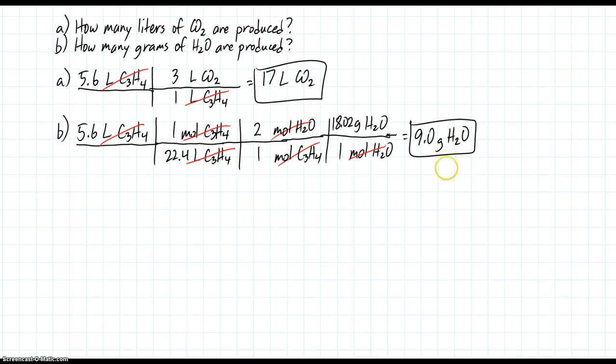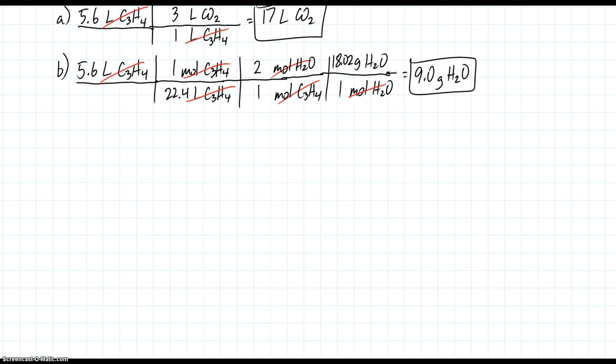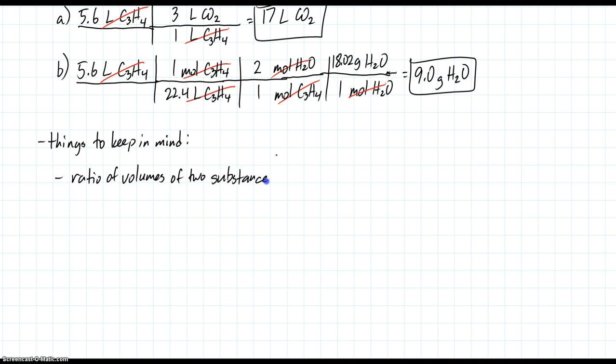So to review, the things to keep in mind when we're doing stoichiometry of gases problems. The ratio of volumes of 2 substances is the same as the ratio of moles of the 2 substances.